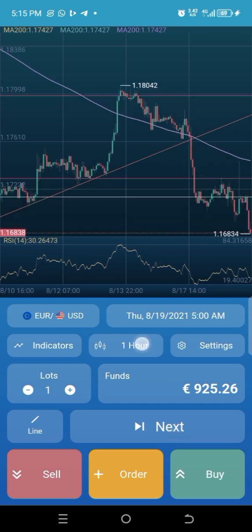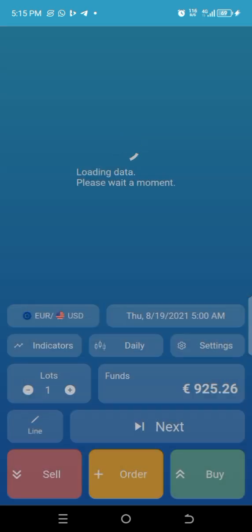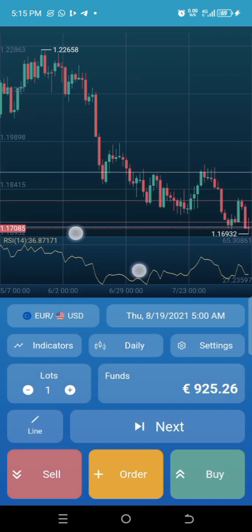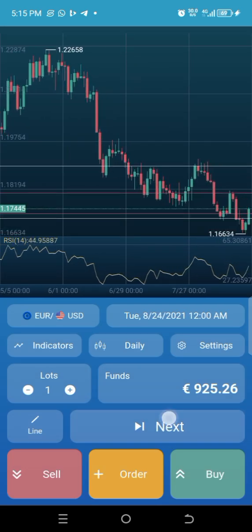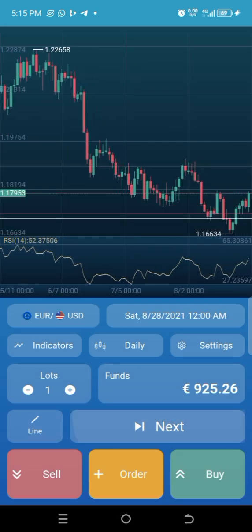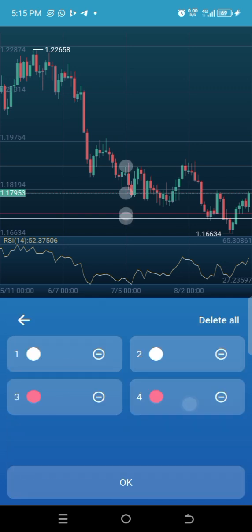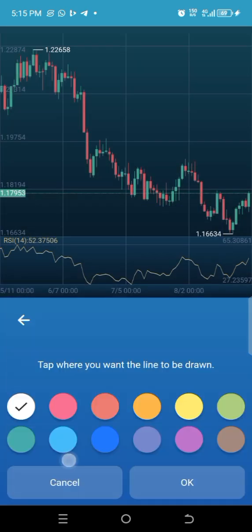Okay, let's look for more areas of trade. Yep, that's formed one. Delete all these lines. There's a high, there's the low.